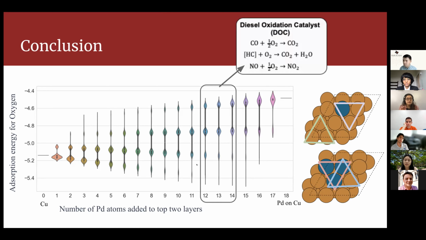We want this 12 to 14 range, because in this range, we're maximizing the number of these 2 palladium, 1 copper interactions, which have a weaker binding energy for oxygen. So there's going to be plenty of oxygen on the surface, but it'll also react easily. And that's going back to this diesel oxidation catalyst reaction. We want it to be reacting in that area.